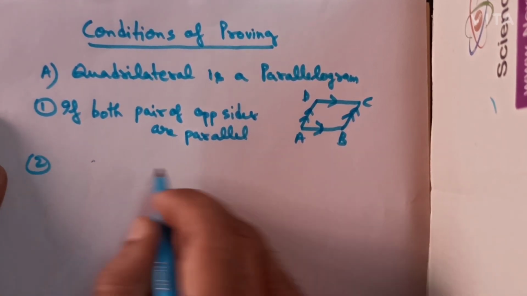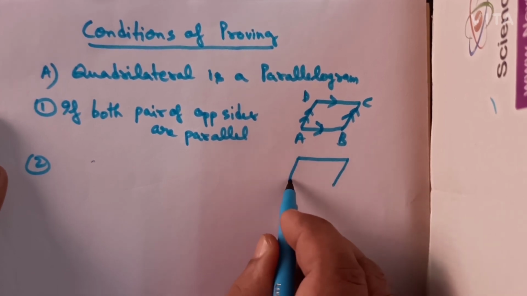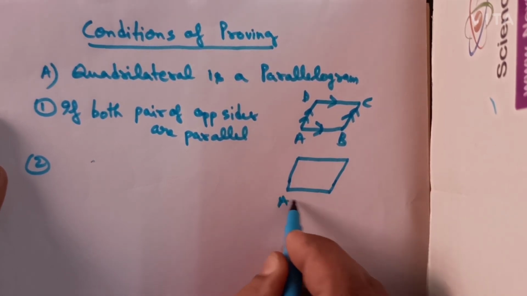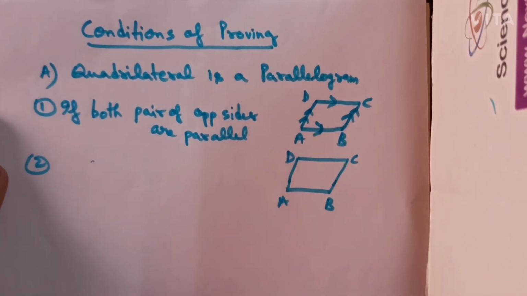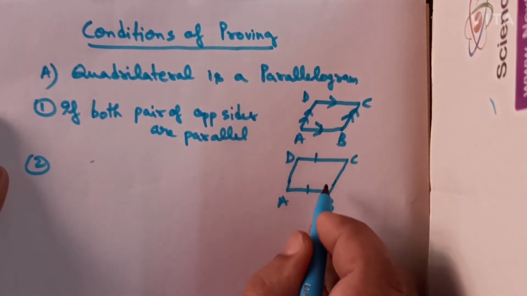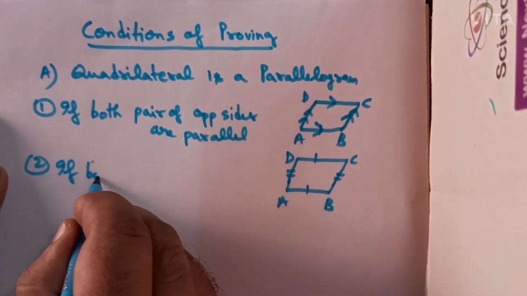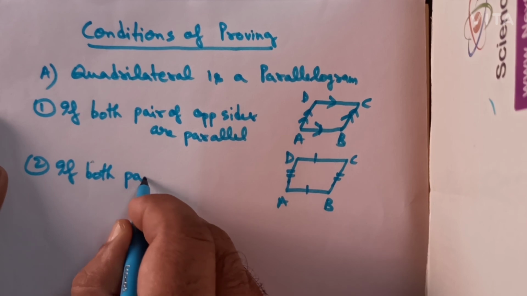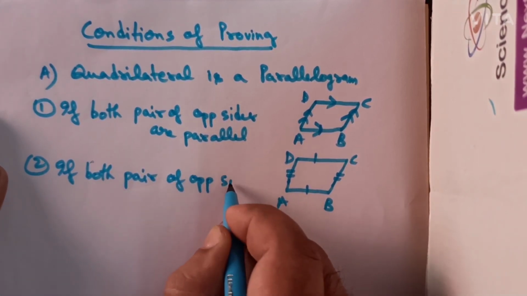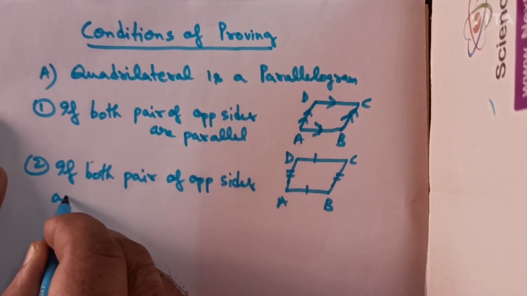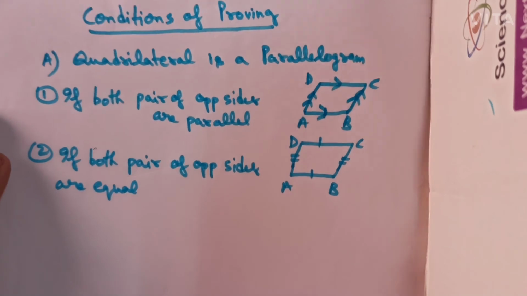Second, similarly, if again we have a quadrilateral ABCD and we need to prove that it is a parallelogram, so if both pairs of opposite sides are equal, then it is a parallelogram.